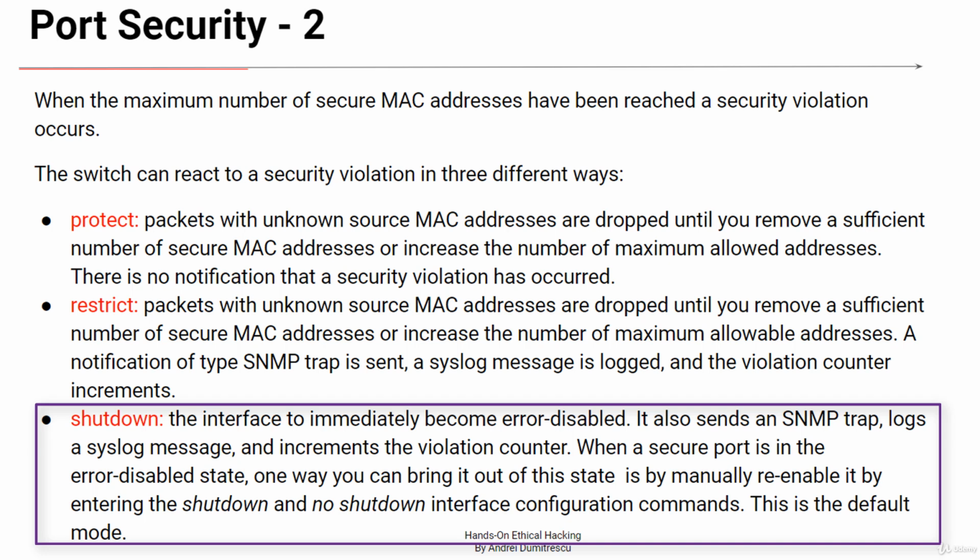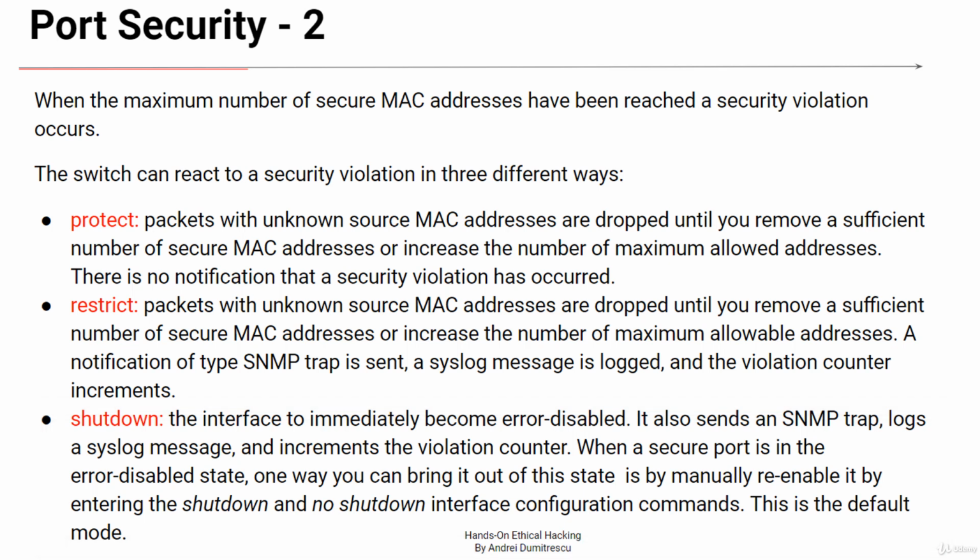When a secure port is in the error disabled state, one way you can bring it out of it is to manually re-enable the port by entering the shutdown and no shutdown interface configuration commands. I'll attach a comprehensive resource on port security to this lecture.